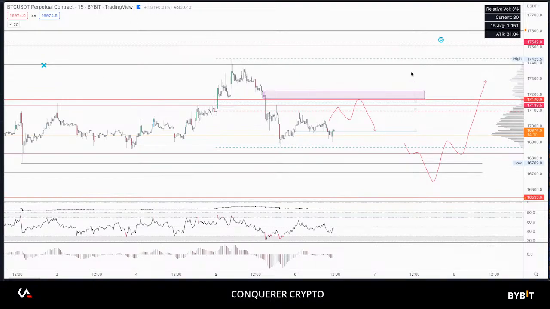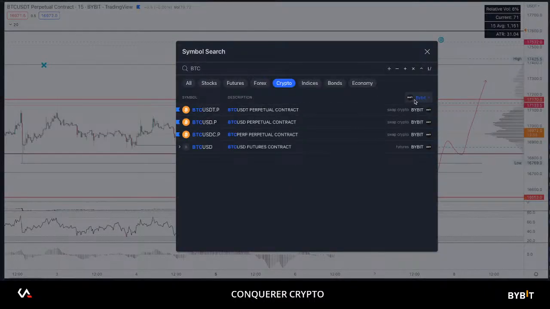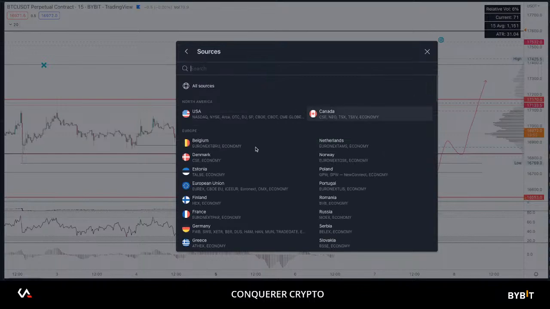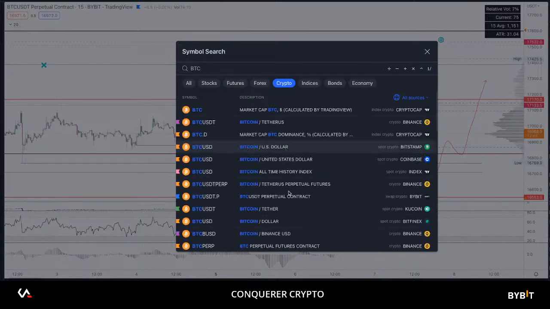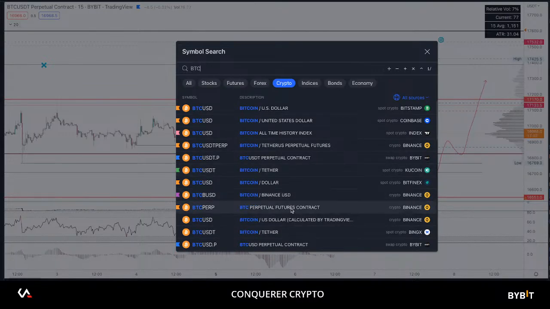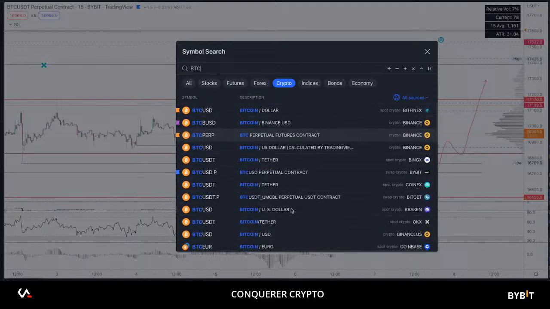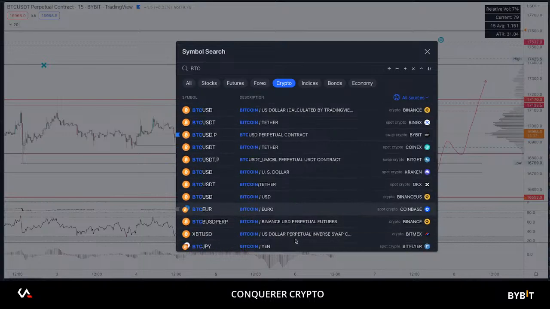So I think let's start with a fresh chart. I have too many things on it. So let's just find, for example, let's go Coinbase.